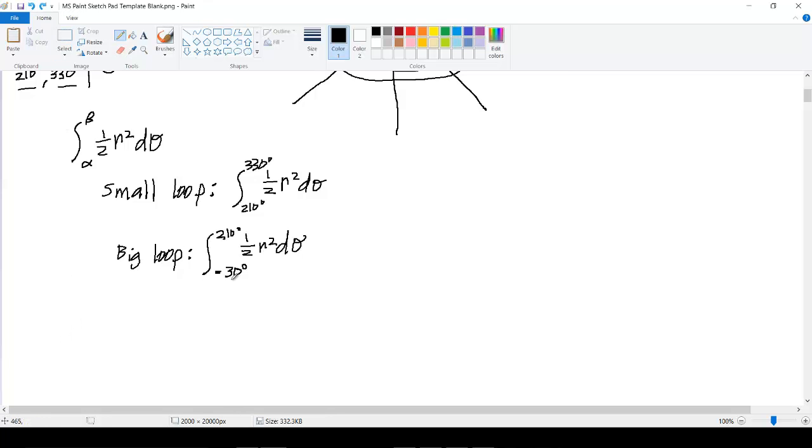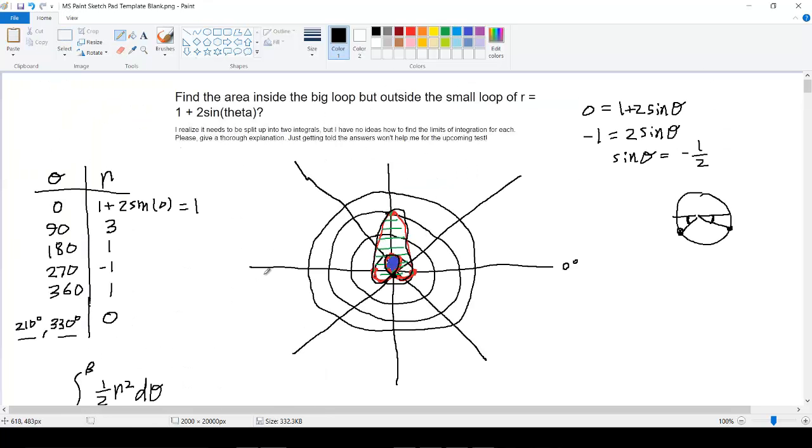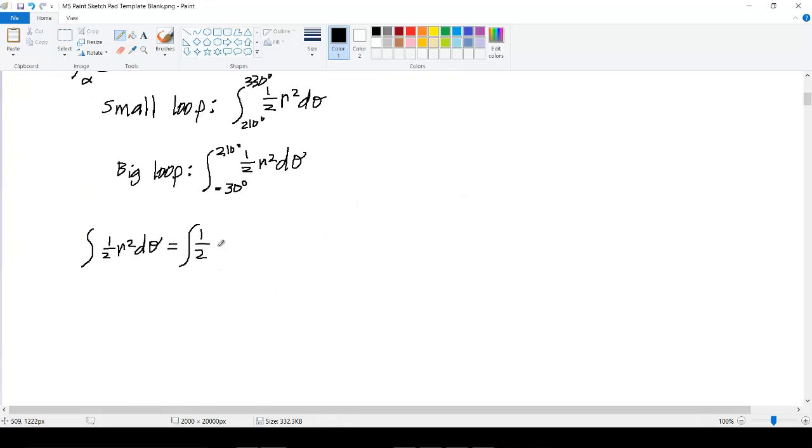Again, I'm just going to ignore the limits right now. They're there, but I'm not going to worry about them yet. It's going to be 1/2 r squared d theta. So that's the integral of 1/2, r is this function 1 plus 2 sine theta, 1 plus 2 sine theta d theta. Okay?